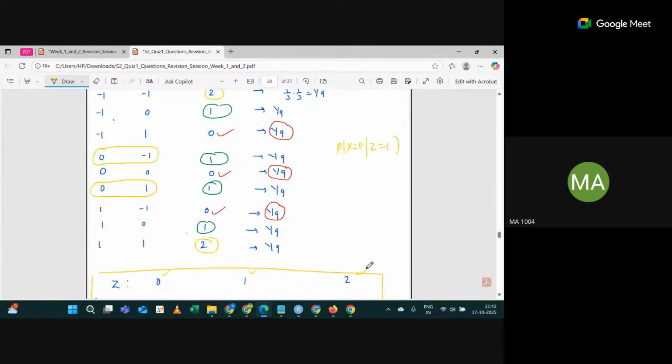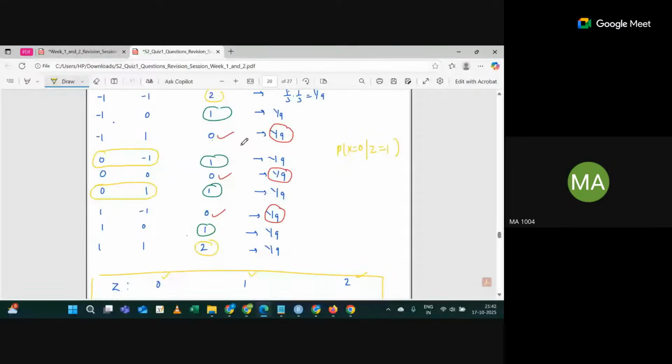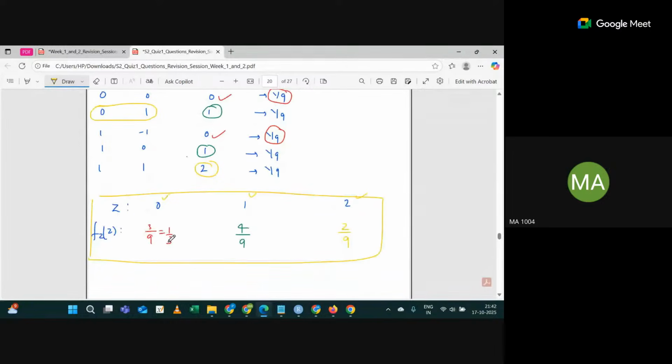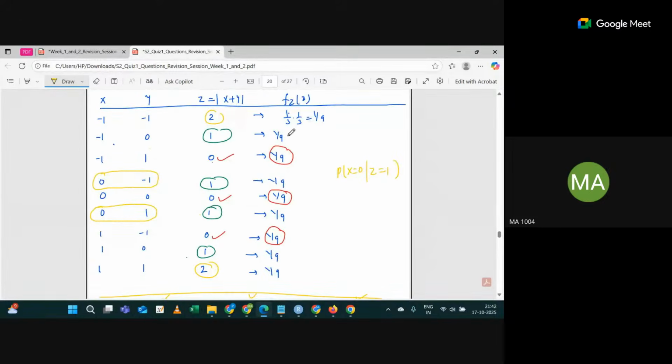In what cases is Z taking value 0? There are three cases, right? If you see this red one, which I highlighted, that is the possibility when Z is 0, so 1 by 9 or 1 by 9 or 1 by 9, so 3 by 9. Then Z will take value 1, and you can see there are 4 cases, so for each case the probability is 1 by 9. Similarly for 2, which I have highlighted with the yellow part.